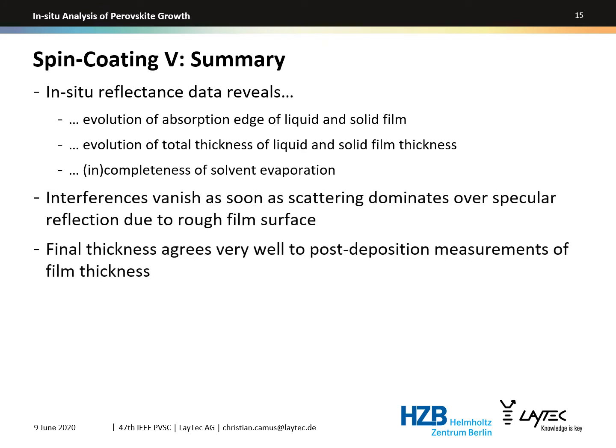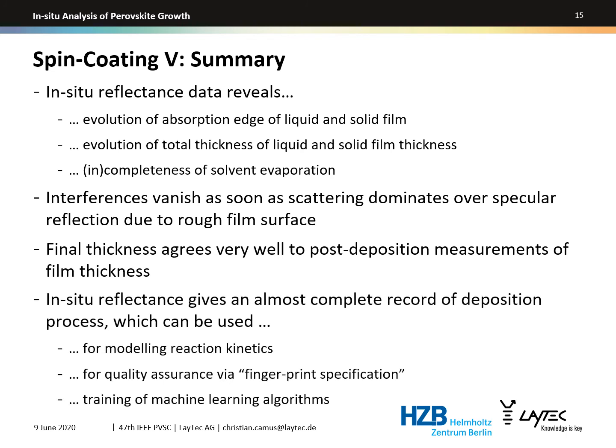We also saw that the interferences vanish as soon as scattering dominates over specular reflection due to the rough film surface, and that the final thickness agrees very well to post-deposition measurements of the film thickness. So that means that in-situ reflectance gives an almost complete record of the deposition process, which can be used for modeling, quality assurance, or training of machine learning algorithms.